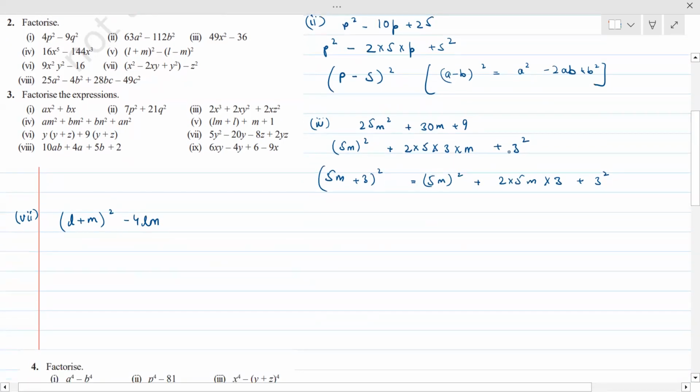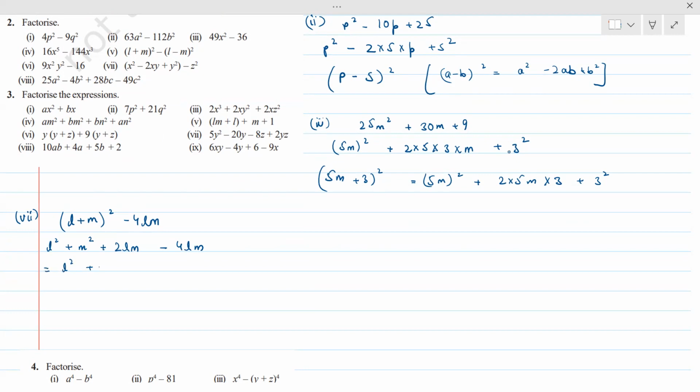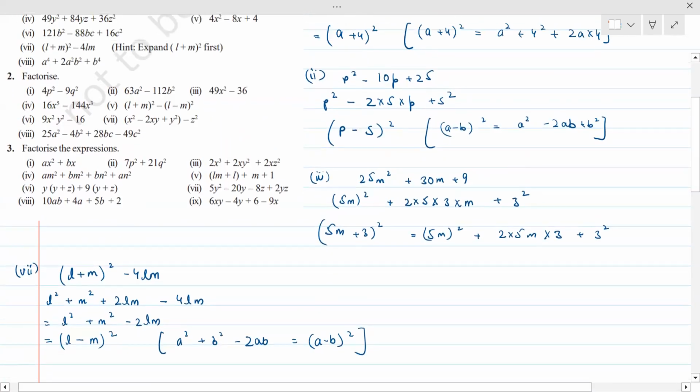In this, we will first expand the l plus m whole square, which is l square plus m square plus 2lm, minus 4lm, which will give us l square plus m square minus 2lm, which I can write as l minus m whole square, because here I got a square plus b square minus 2ab, which is equal to a minus b whole square. This is how we have done the seventh part.